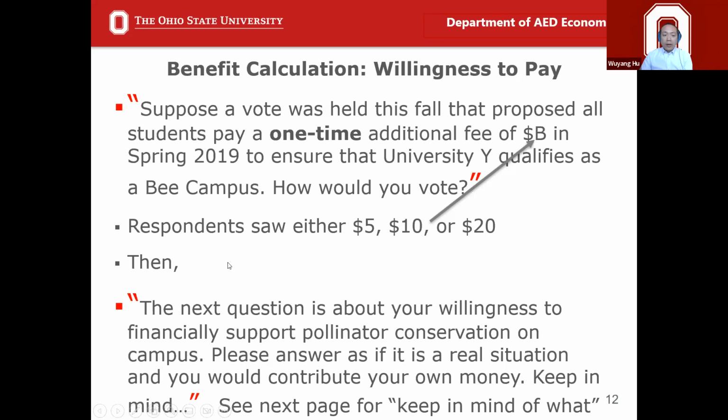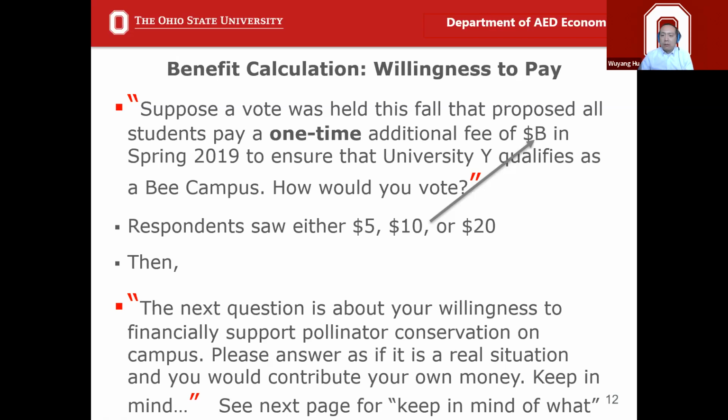And then we ask people: are you willing to support this, even though this case involves real money? So why do we do this? We're trying to build reality into our survey. If you ask people, would you spend such dollars to do certain things, they may tend to say, oh yeah, why not?